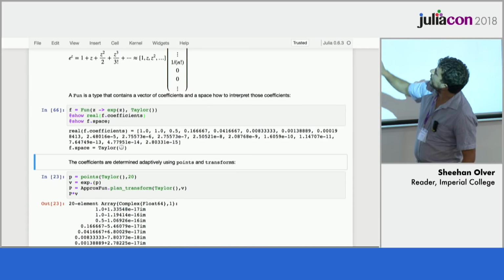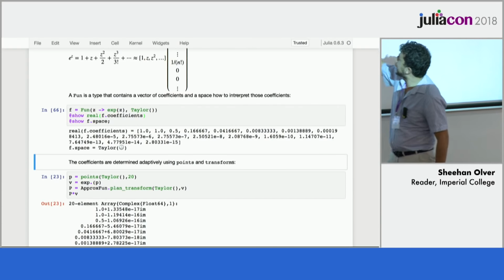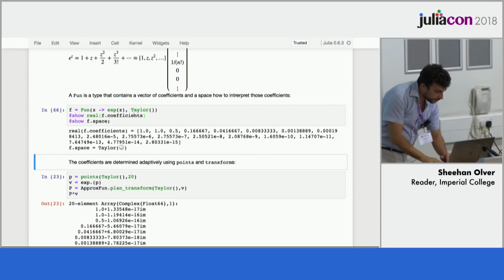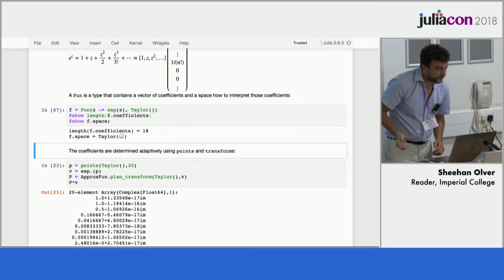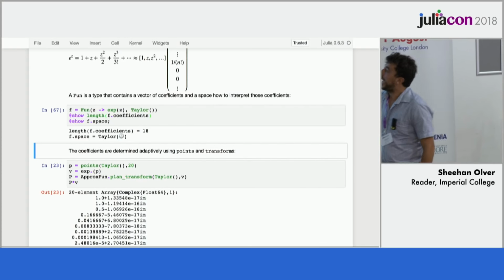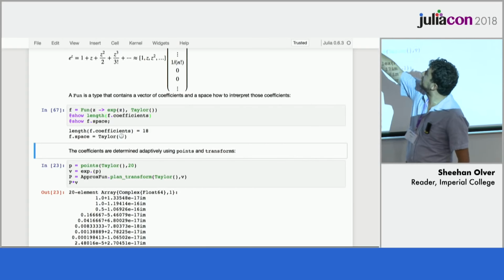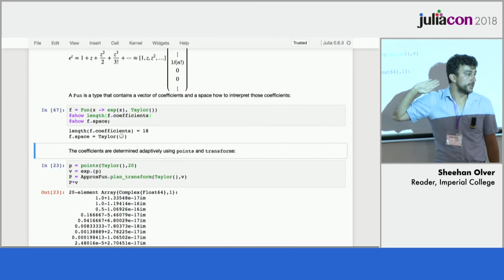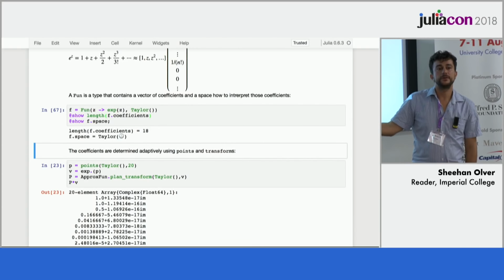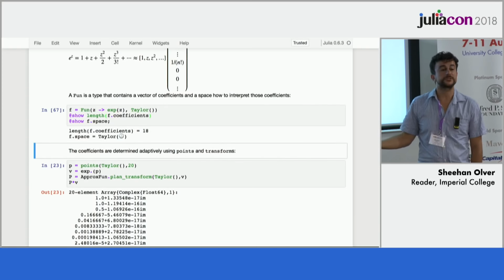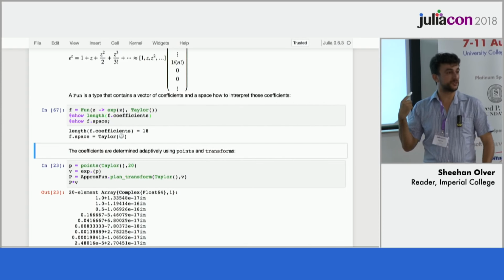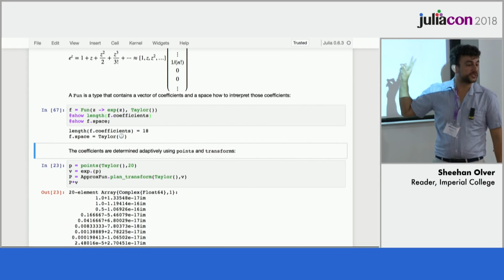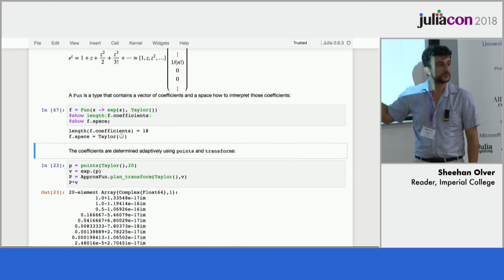So it uses that information to adaptively find that this function e to the z can be represented by 18 coefficients. And it knows how to interpret those coefficients because there's a second space that says these are Taylor coefficients. Okay, so a function is a finite vector, which is code for an infinite vector padded with an infinite number of zeros, and a space, which is a basis to interpret those coefficients.